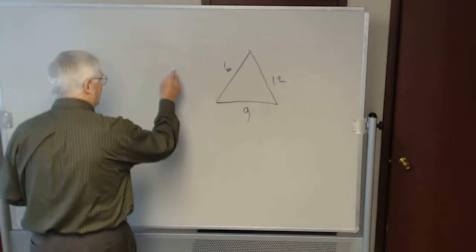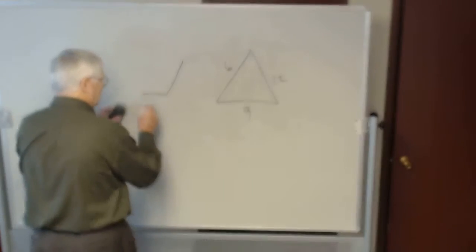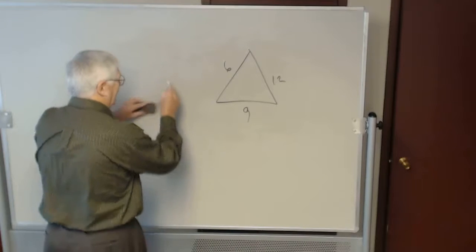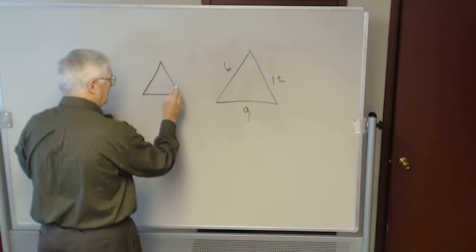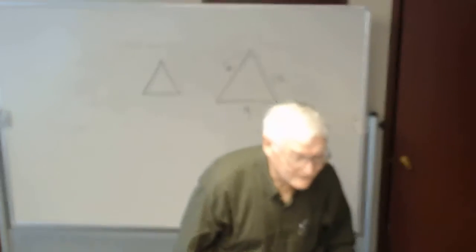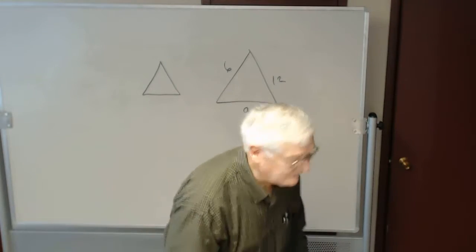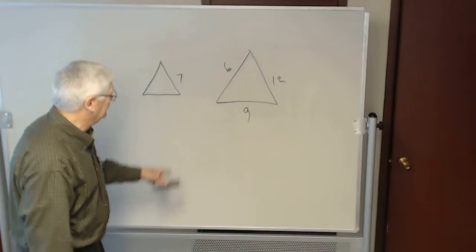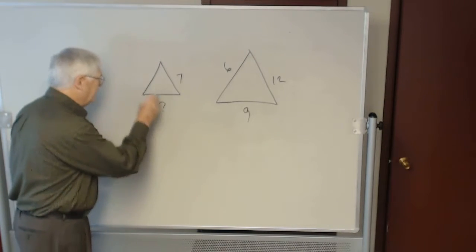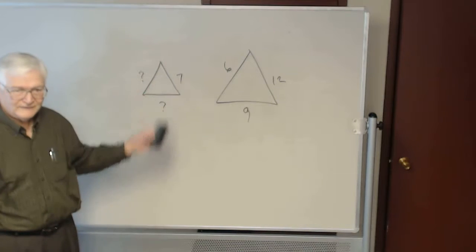So I've got a similar triangle, same shape, same angles, just smaller. And what's the longest side of the similar triangle for 33? 7. So this is 7. Now your problem is, can you find this one and this one with the information you have?